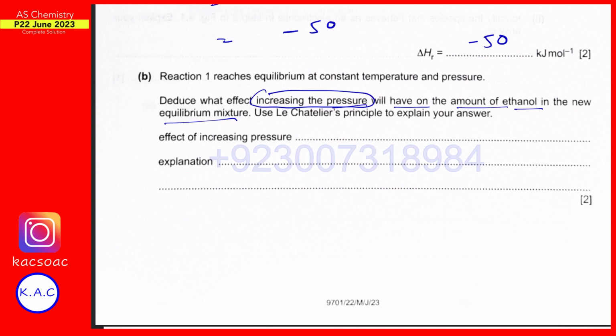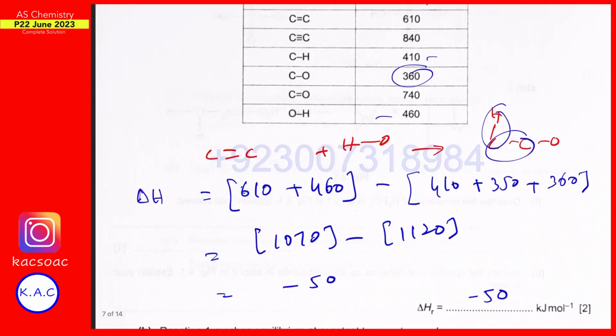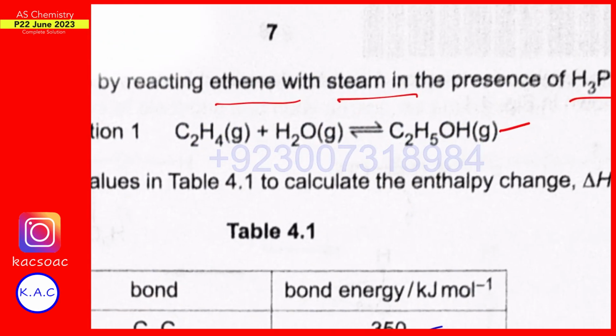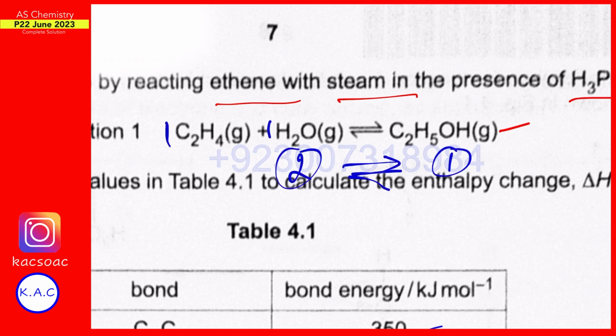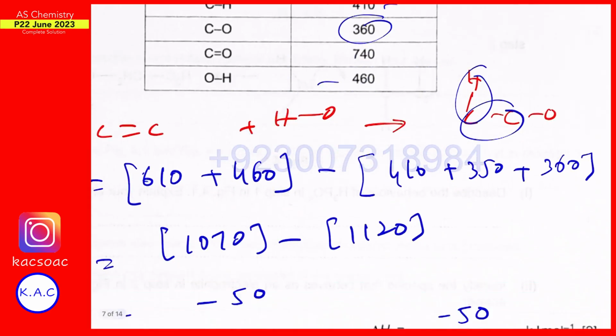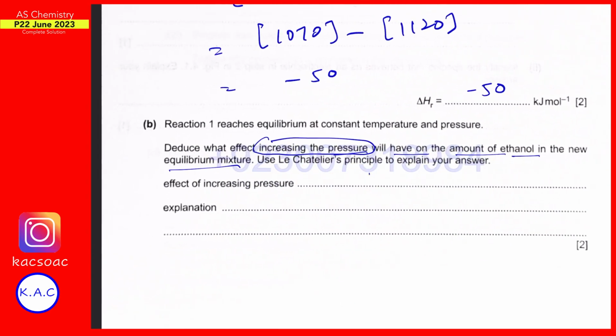The increase in pressure is going to have the effect on the position of equilibrium if there are different number of mole of the gases. So the 2 mole of the gases are lying over here, 1 mole is over here on the right hand side. So increase in pressure, equilibrium will be shifted toward the right hand side. So effect on increasing the pressure, more ethanol will be formed.